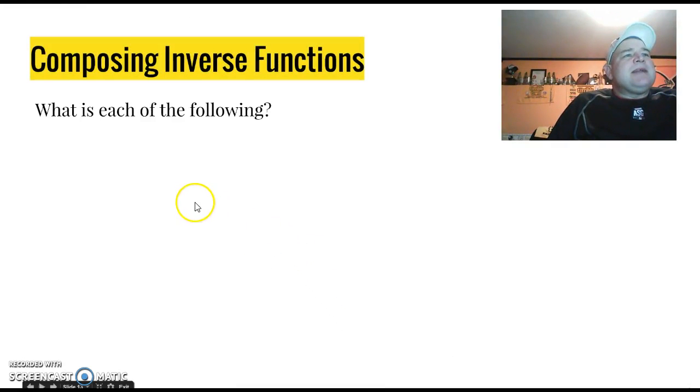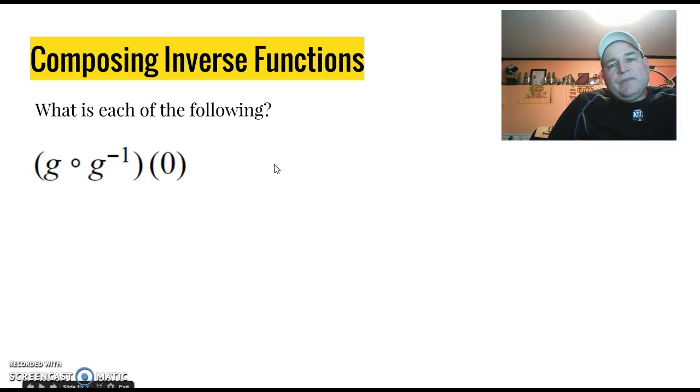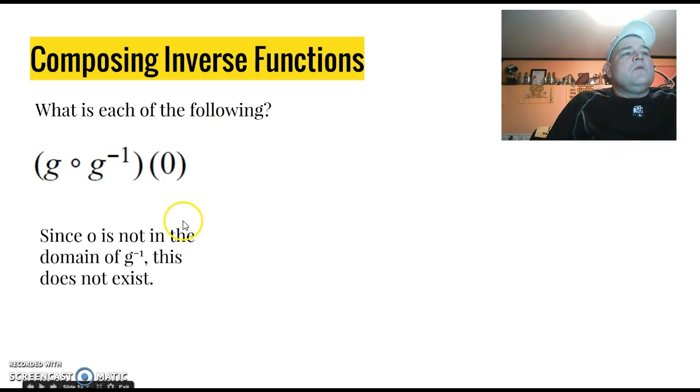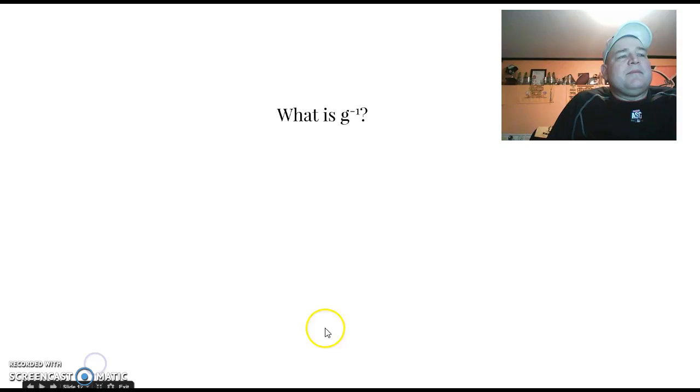Well, if we think back to this, g of g inverse. What you need to understand is that a function undoes its inverse. And this goes back to the functions that we just had. Since 0 is not in the domain of g inverse, this function does not exist. Let me go back and show you on slide 12.